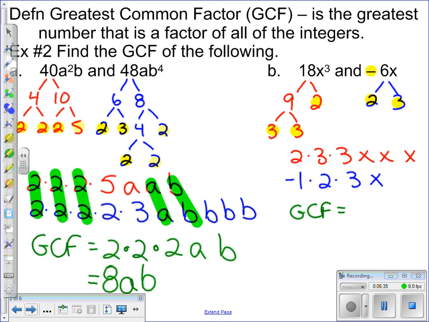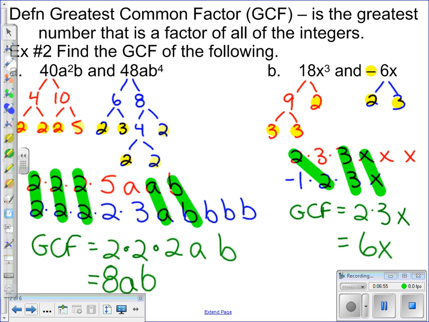GCF is what they have in common. A set of 2s, a set of 3s, and a set of x's. Times that all together, 6x. And that's how you get the greatest common factor.